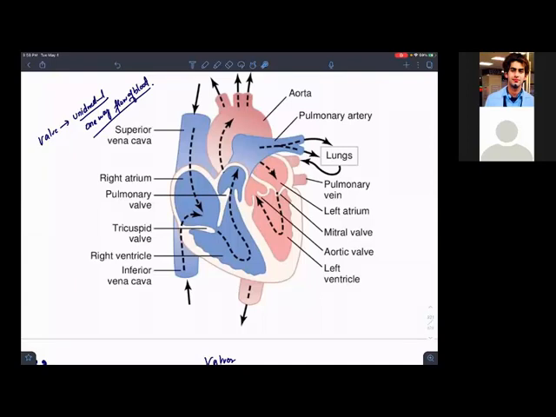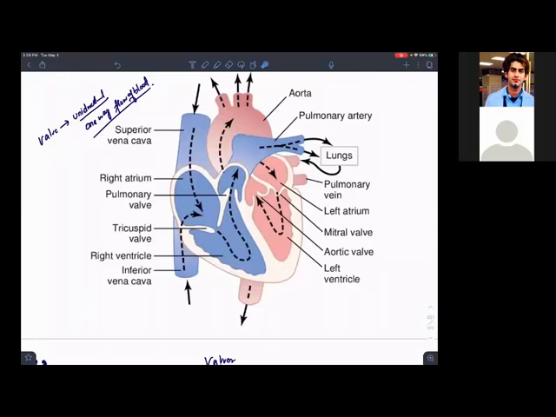Ventricular systole. At the time of ventricular systole, blood is not allowed to go back into the atrium by the atrioventricular valves. Fine. Talking about the mitral valve.